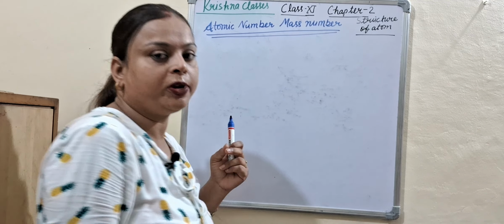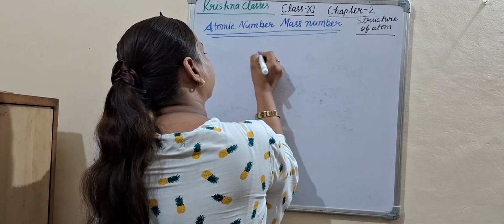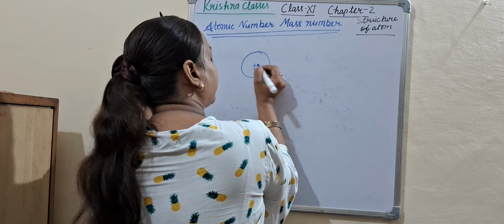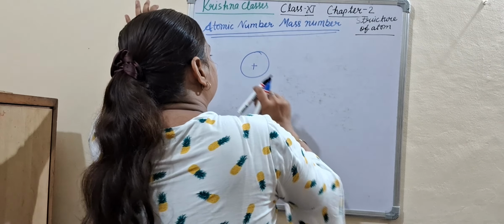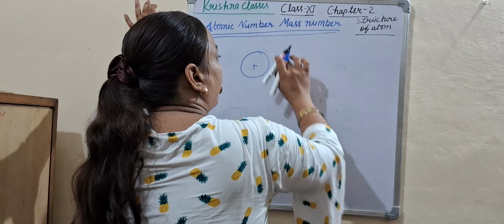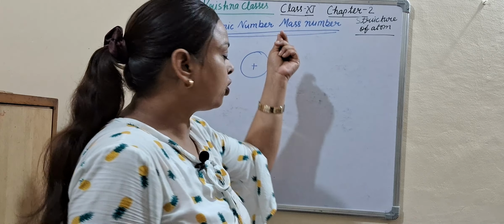So what is the atomic number? You know very well, proton is present inside the nucleus. Due to proton, the positive charge is present in the atom. Okay, so what is the atomic number?